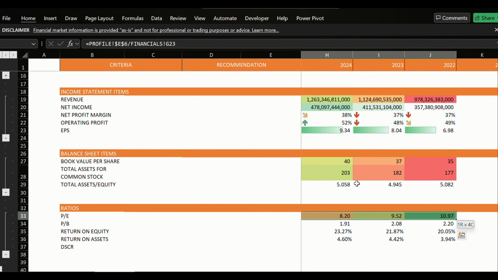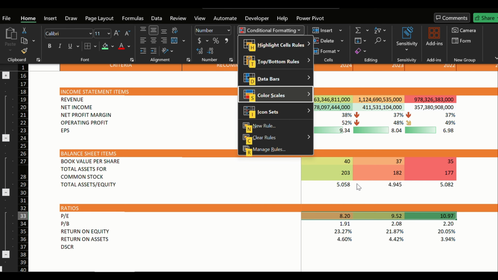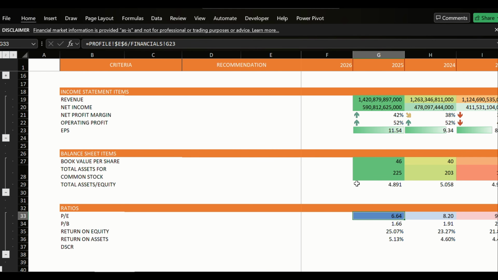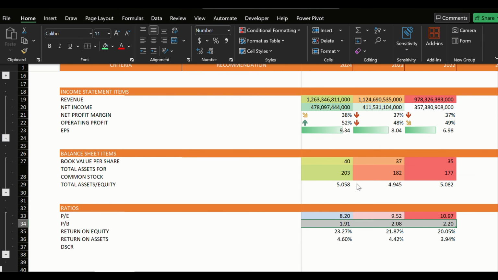Actually, this changes the narrative because the lower the better. Yeah, the lower the better. So it should be the same for price to book value.